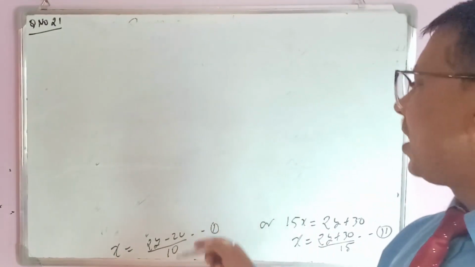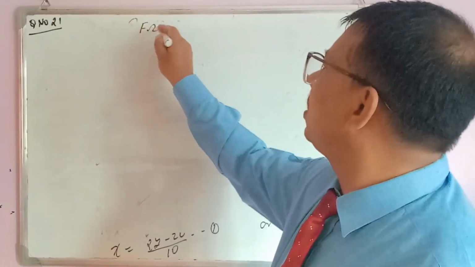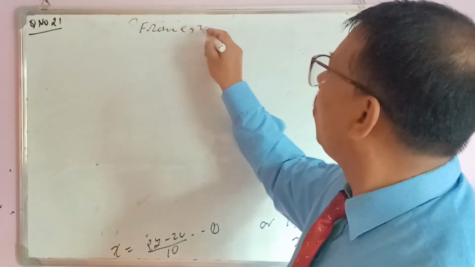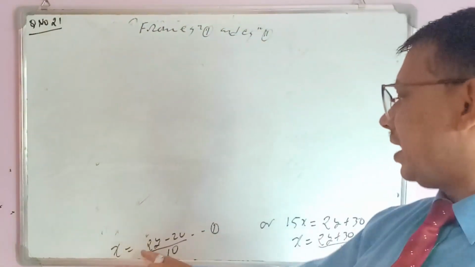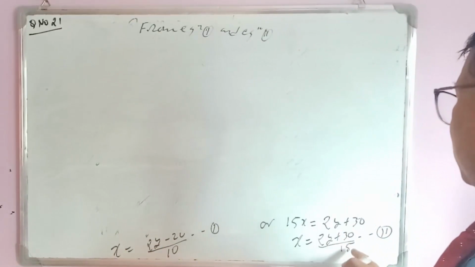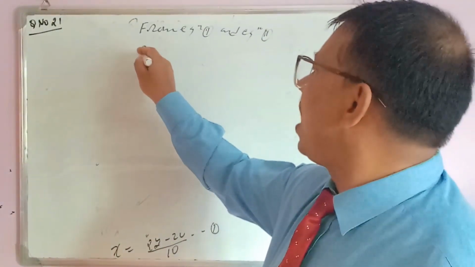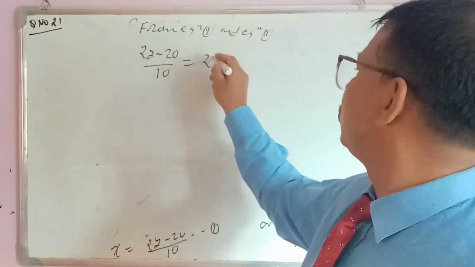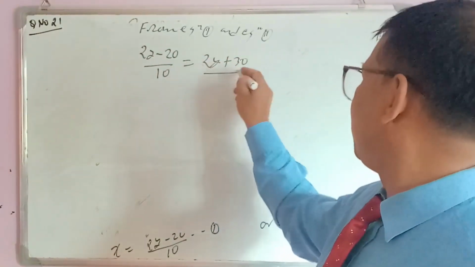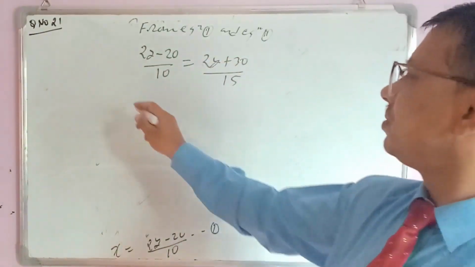Now from equation 1 and equation 2, x equals (2y minus 20) by 10 and x equals (2y plus 30) by 15. So (2y minus 20) by 10 equals (2y plus 30) by 15. Now we can do some calculation.